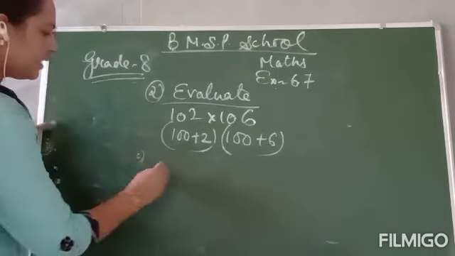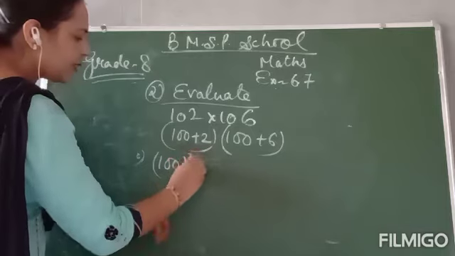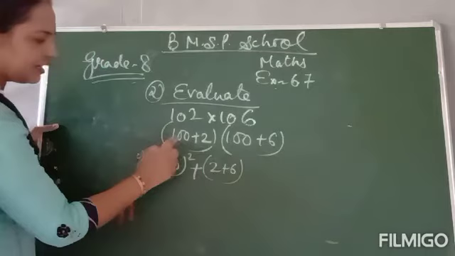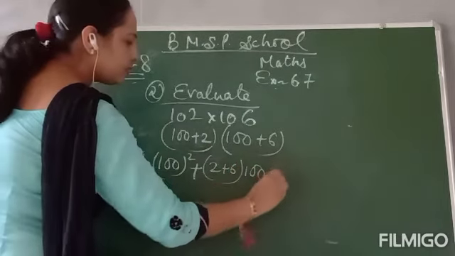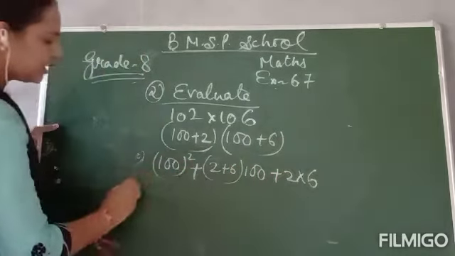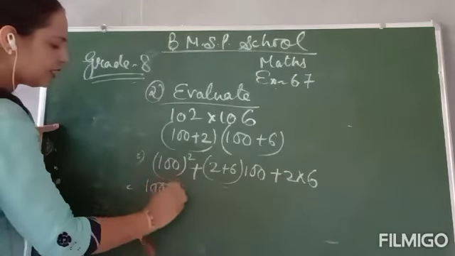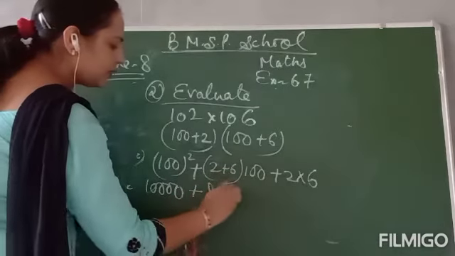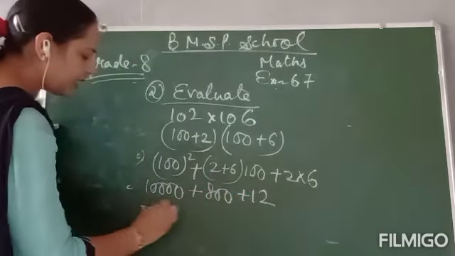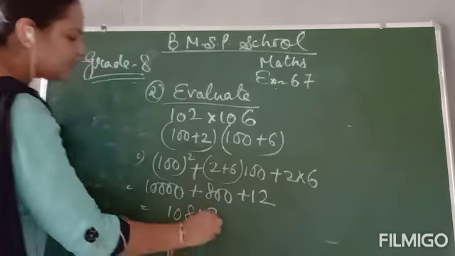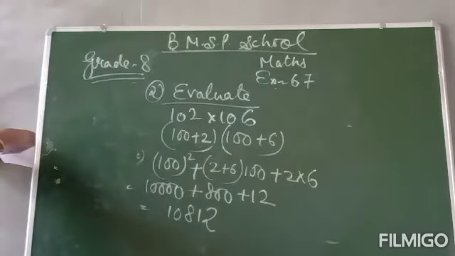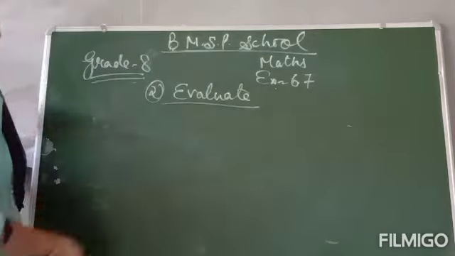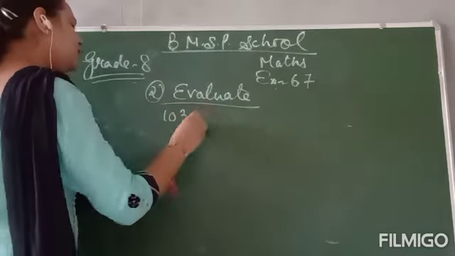So the formula we are using is x square plus (a plus b)x plus ab, with this x, it means the same term, 100, and 2 into 6. 100 square is 10,000, now it's 4 zeros, plus 8 into 100, 800, plus 2 sixes are 12. When I added, I got my answer 10,812. Okay.